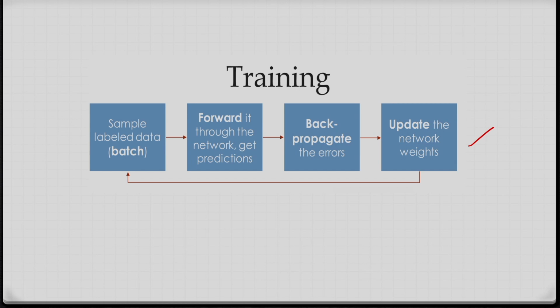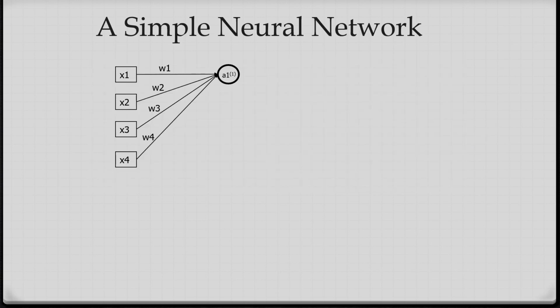That means we are reducing the error in the output, and based on this we are adjusting the weights, and that is the supervised training procedure of the artificial neural network.